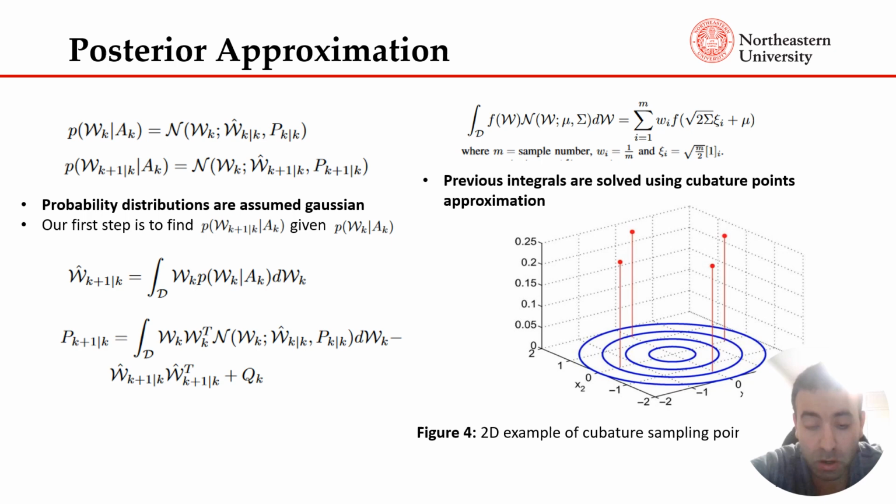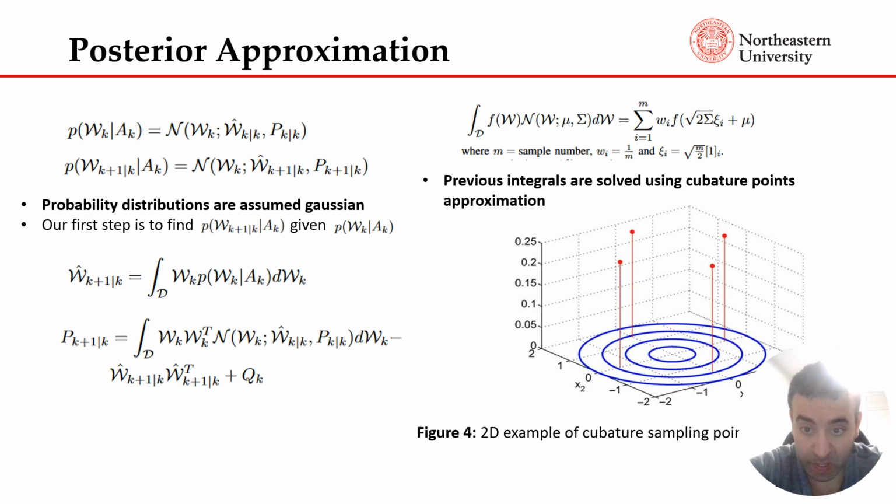The mean of the distribution, W hat k+1 given k, is the integral of the weights at time k times the probability distribution. Similarly, its covariance is also an integral of the weights times the probability distribution of W_k.